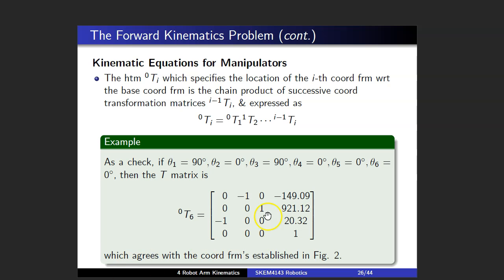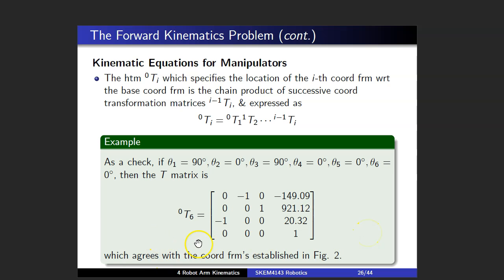Okay, it says that this matrix now agrees with the coordinate frames that we have established in figure 2. Namely, you should be able to validate that the pose of coordinate frame 6 should be as given by this matrix with respect to the coordinate frame 0.